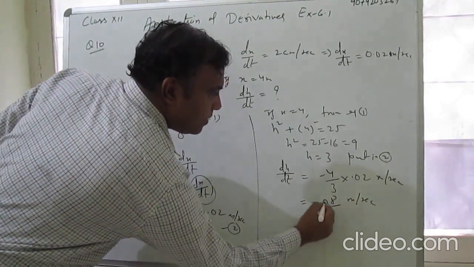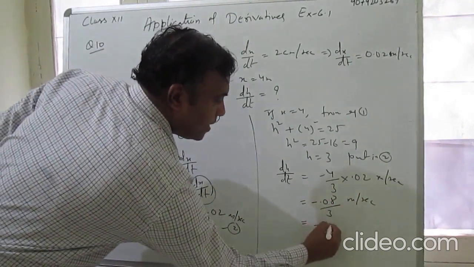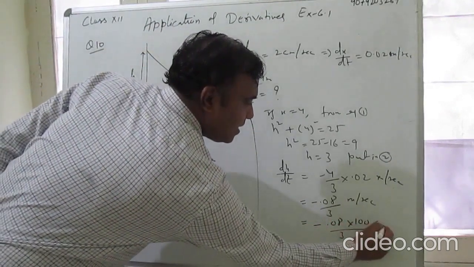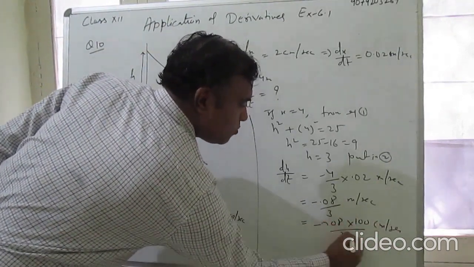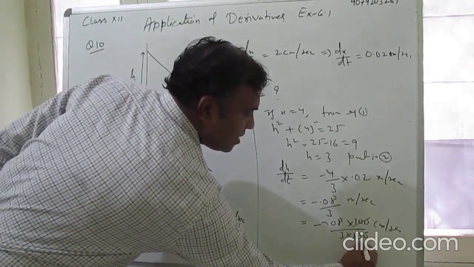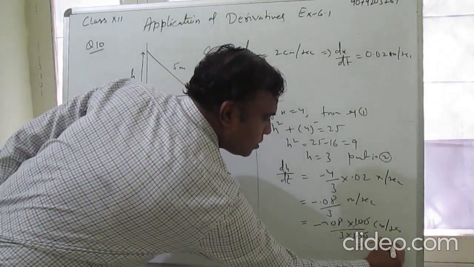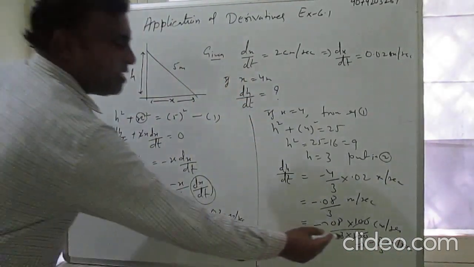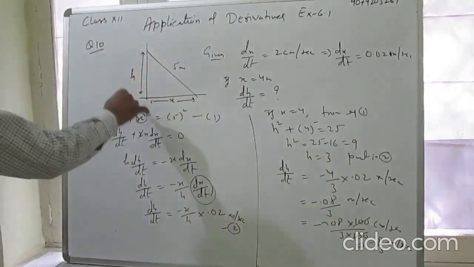Convert into centimeter: minus 0.08 into 100 upon 3 centimeter per second. The 100 will cancel out, so the final answer is minus 8 upon 3 centimeter per second. This minus sign shows that the height is decreasing.